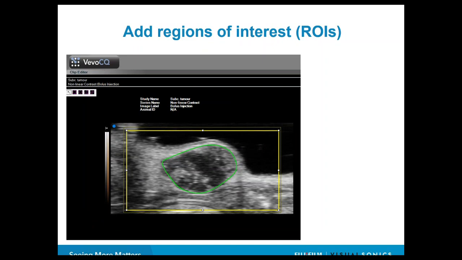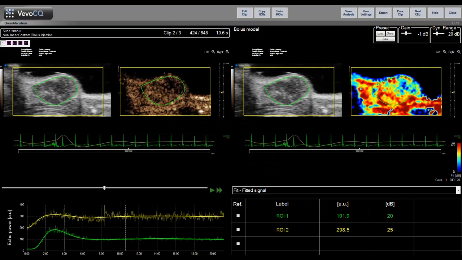And then I also use the B-mode image to draw an area of interest, in this case around my subcutaneous tumor. And once you have done that, you would start up the quantification software, and now we are going to jump right into the VevoCQ software here. As you can see, the log video data from the Vevo system has been linearized.